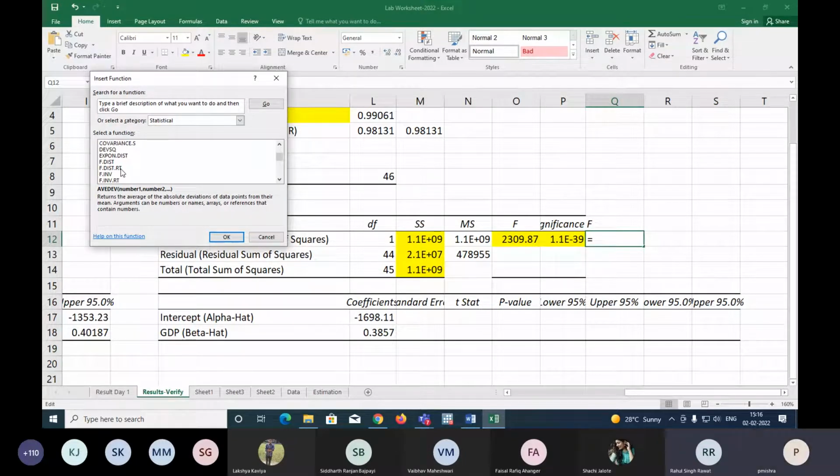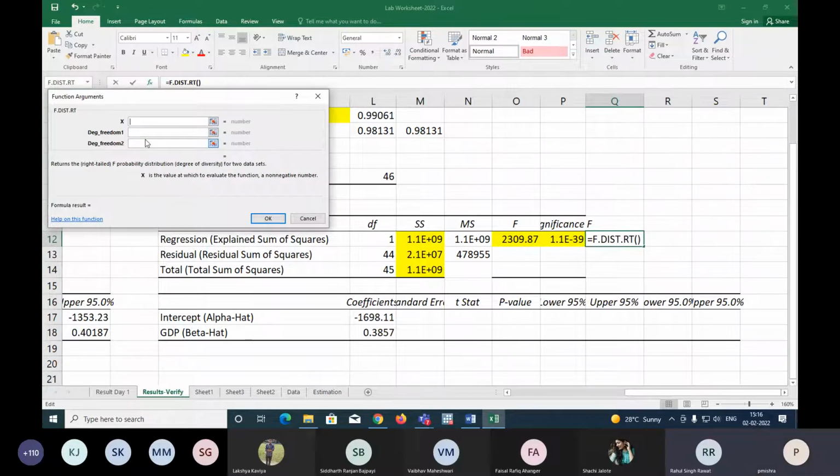I discussed yesterday that F has a distribution which is skewed rightward. Unlike Z or T, F doesn't follow a symmetric distribution. So here we are taking F distribution right tail. You click on this function.